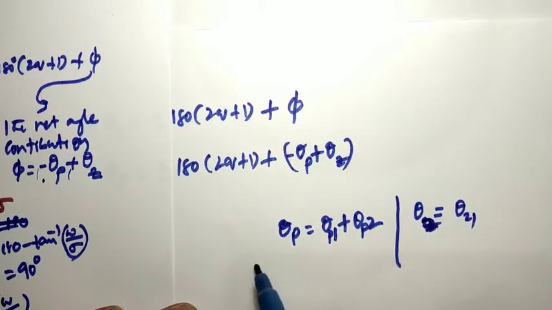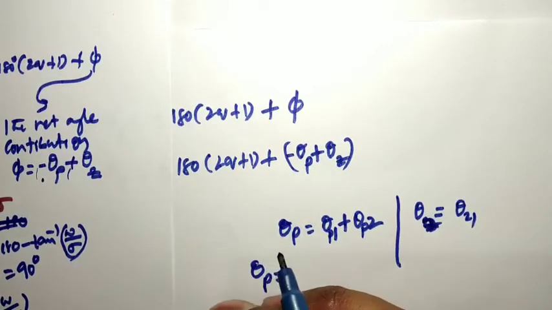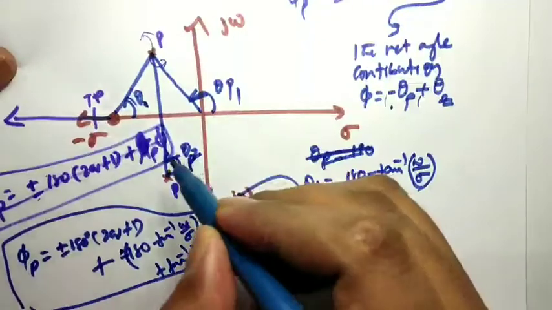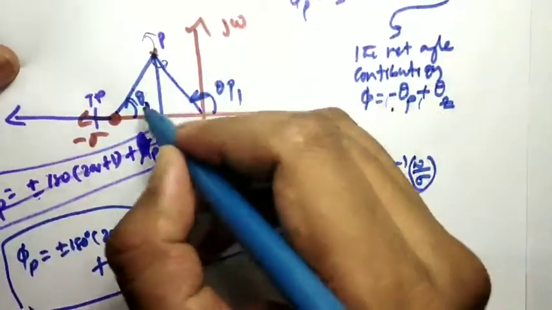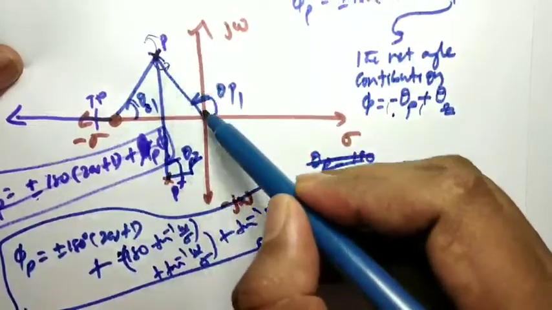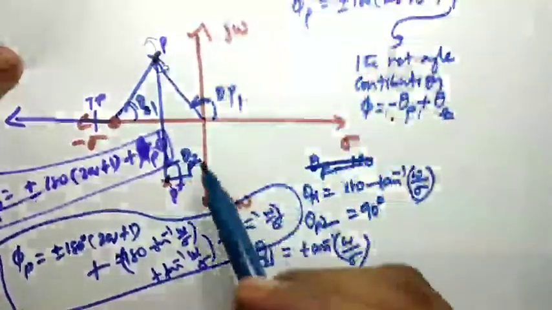What is here? Theta p is equal to theta p1. What is the value of theta p1? This is theta p1, theta p2, and this one is z1. So we have to draw vectors from these to this point and find the total contribution at this point.